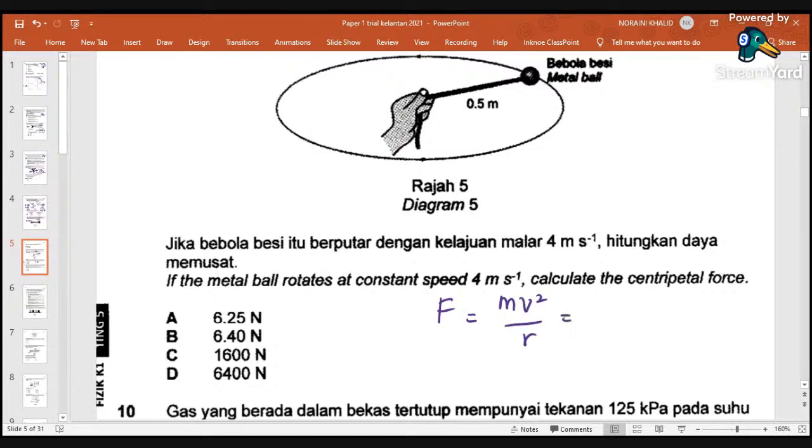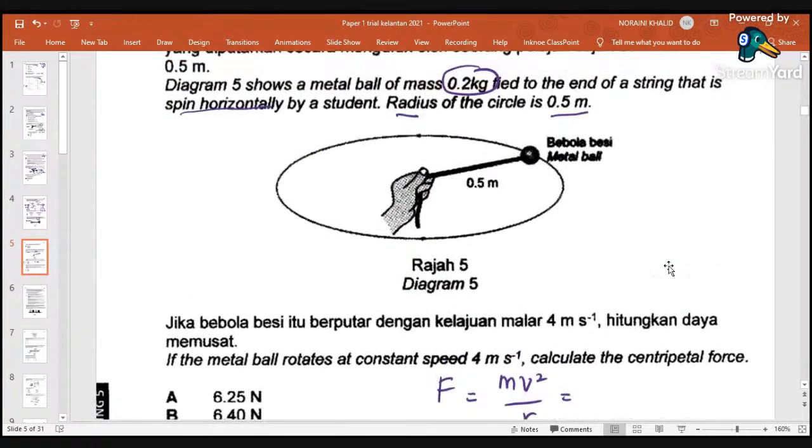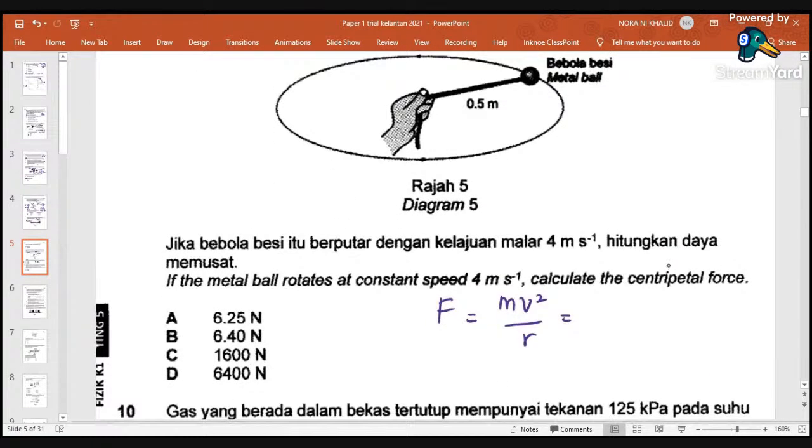So you just substitute the value of mass 0.2, and then the speed, and radius 0.5. Okay, so we'll get the answer for number 9, 6.40.